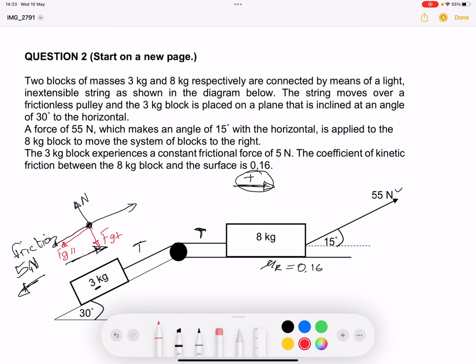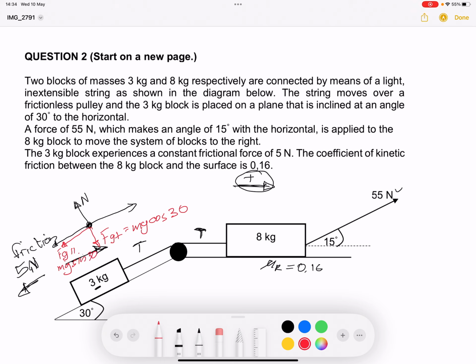Note in this case, to get those dimensions, just please remember this, ladies and gents. The perpendicular dimension of gravity is mg cos of the angle of elevation, 30 degrees. For the parallel dimension, that would be mg sine of 30 degrees, right?